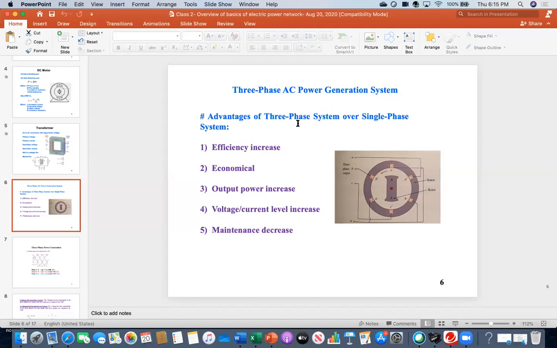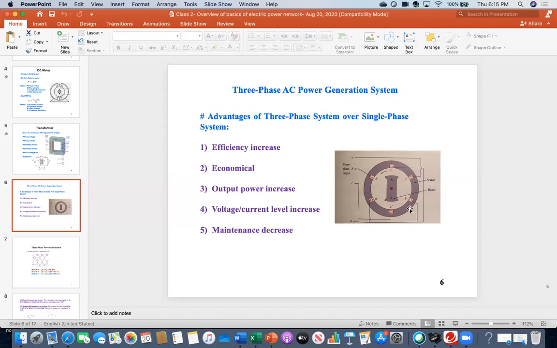And what is the motivation or advantage? Efficiency increase, economical, output power increase, voltage and current level increase, but maintenance decrease. These five bullet points are the main advantages of the three-phase AC system over the single-phase system.